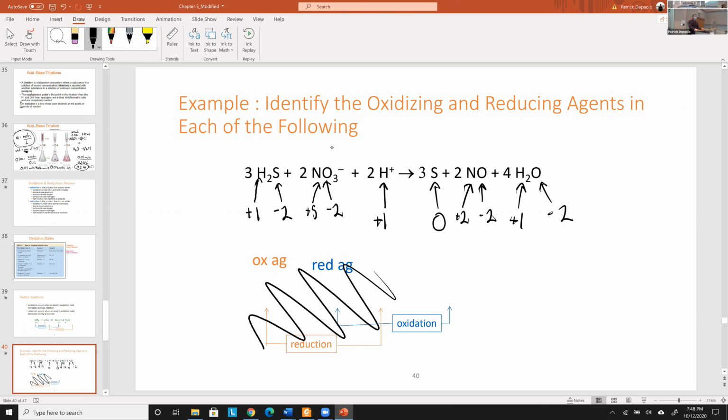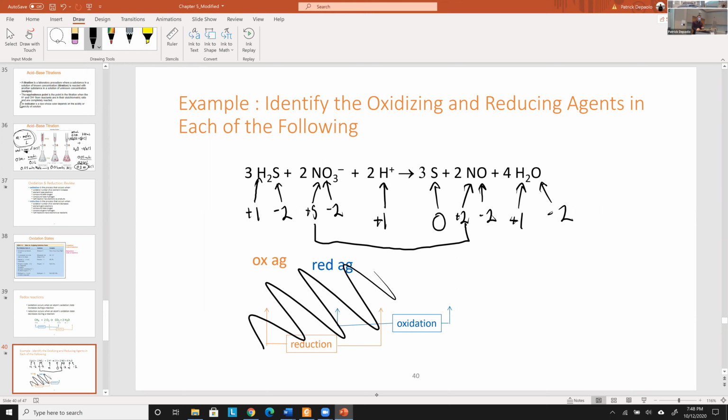Cool. Okay, so after you assign oxidation numbers to everything, your job is to compare the left to the right side, which ones are changing. So who can tell me which one is changing? One of the elements? Nitrogen, good. So nitrogen is going from +5 to +2.